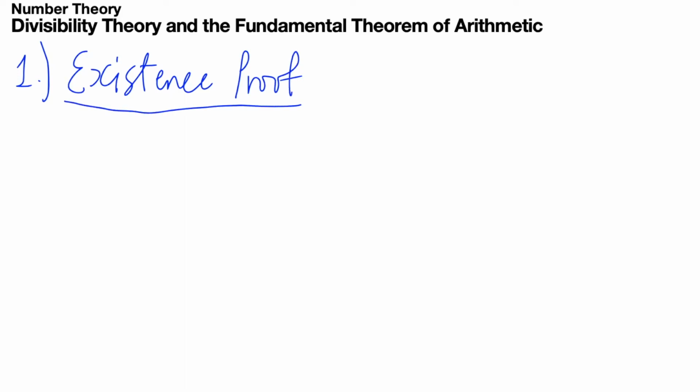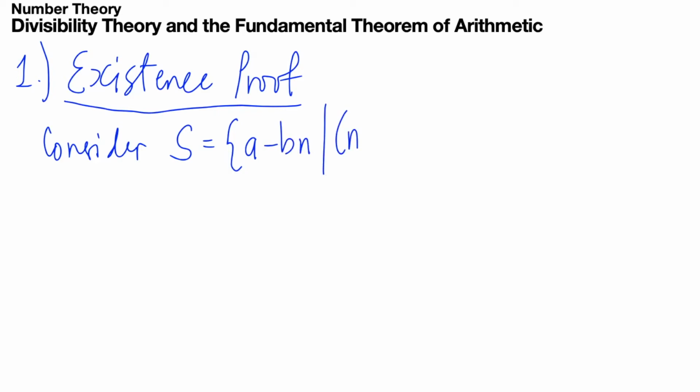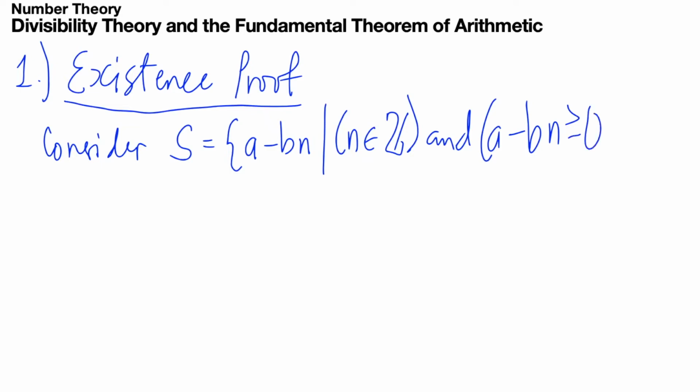For the existence proof, we will consider the set S, composed of all numbers of the form a minus bn, such that n is an integer and a minus bn is greater than or equal to 0.